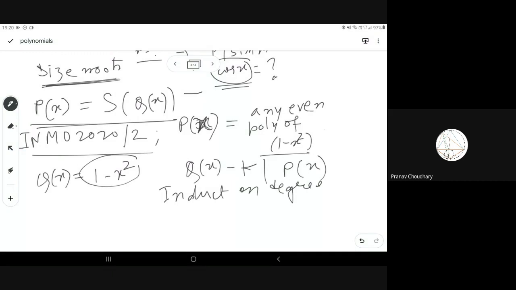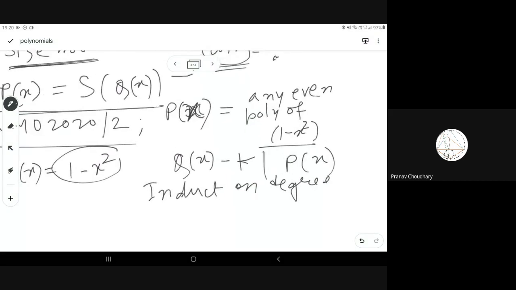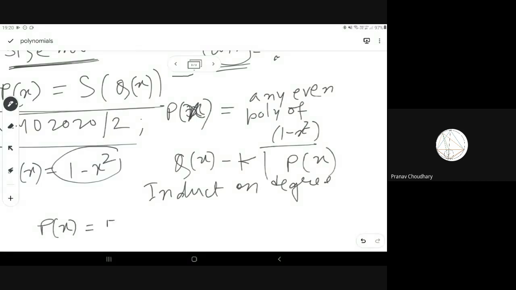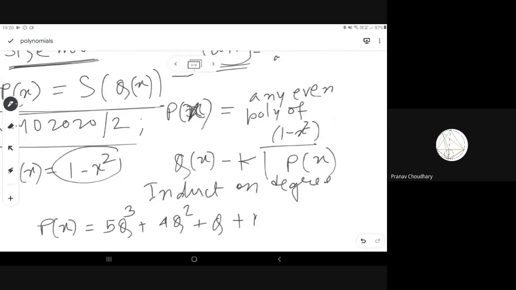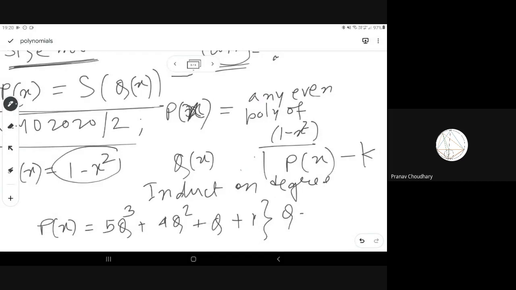Basically, what I'm trying to say is, suppose you can write p of x as 5q^3 plus 4q^2 plus q plus 1, right? So in this case, sorry, I messed it up. You should have written q of x divides p of x minus k for some constant.